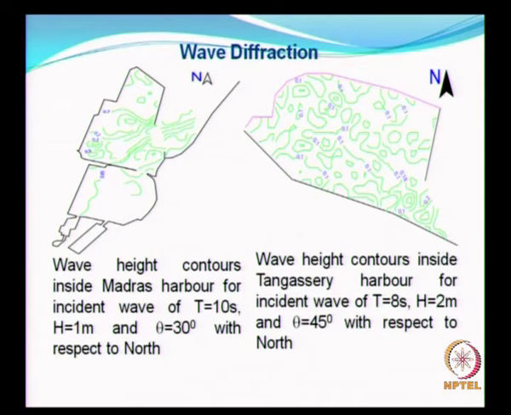So this shows how the wave height contours look like. On the left side, you have the Chennai harbor, one of the major harbors. On the right side you have the layout of Tangaseri fishing harbor. So remember, the breakwater can be impermeable or permeable.